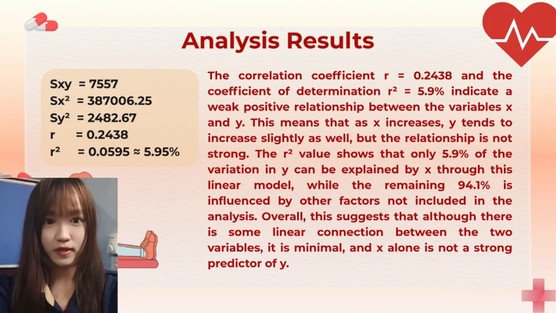This tells us that only 5.95% of the variation in y can be explained by x using the linear model. The remaining 94.1% is due to other factors not included in this analysis. So overall, even though there is some linear connection between x and y, it is very minimal, and x alone is not a strong predictor of y.